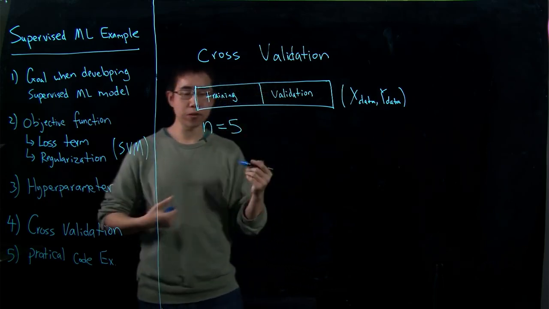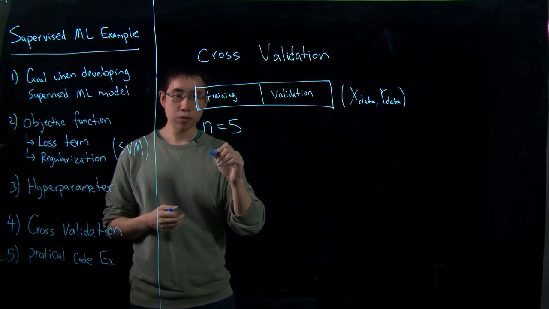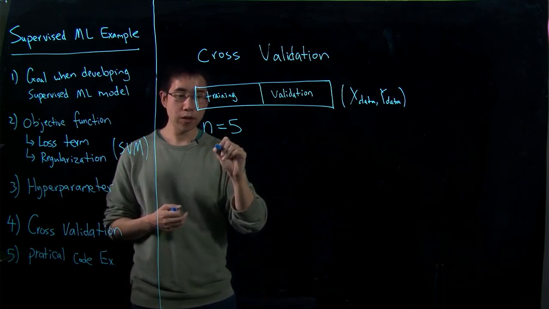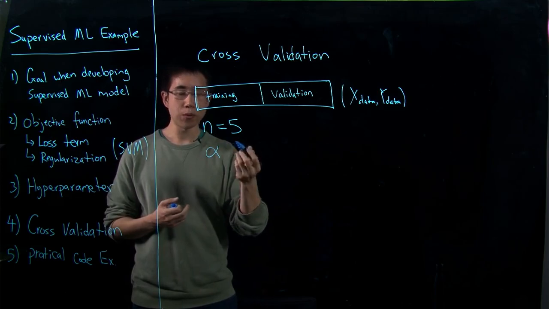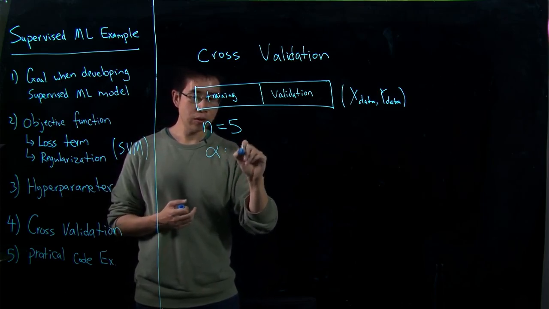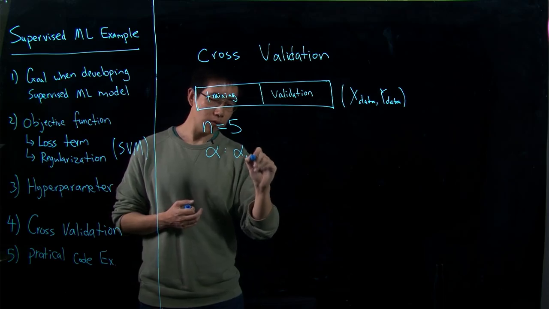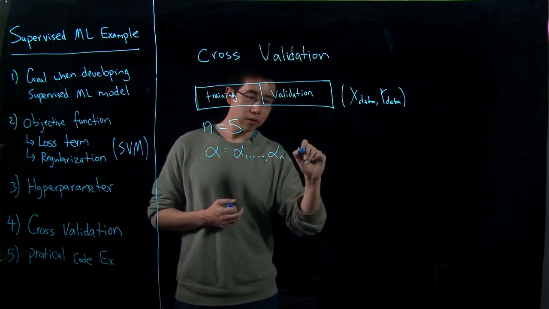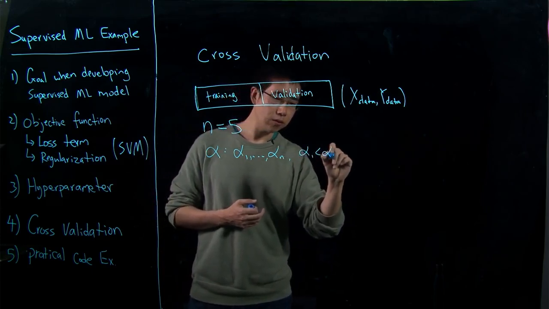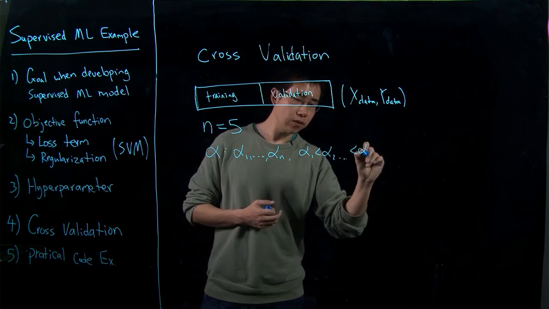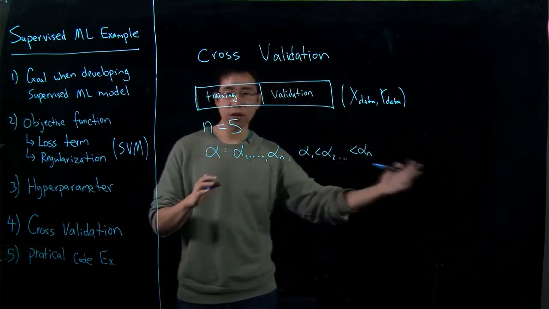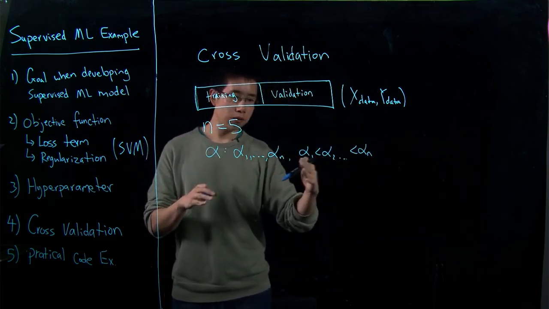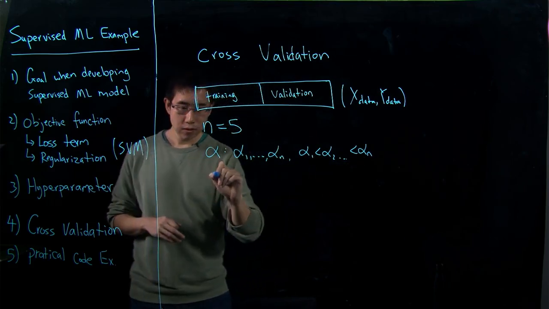Then what we do is that we choose a value of alpha. Usually we do alpha as a range, starting with alpha 1 to alpha n, where alpha 1 is less than alpha 2, that's less than alpha n. So we test a bunch of alphas, and we start with alpha 1.